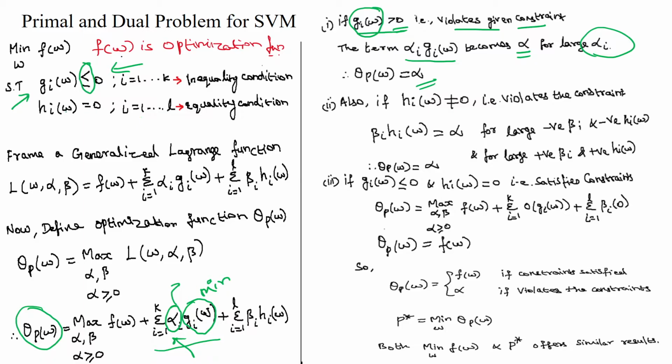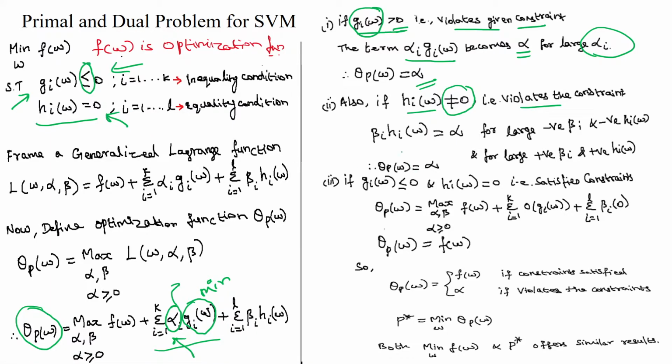The second case is hi of w equal to 0. If hi of w is not equal to 0, then it violates the given constraint condition.